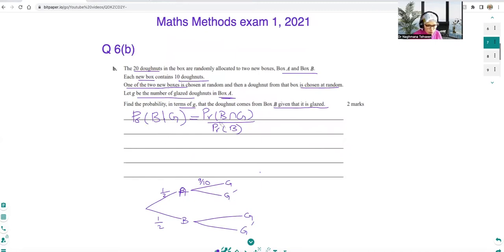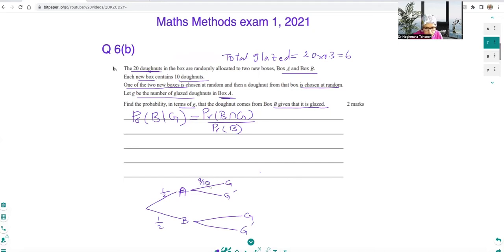So how many would be glazed out of those 20? Total glazed would be 20 times 0.3, which gives six glazed donuts there.